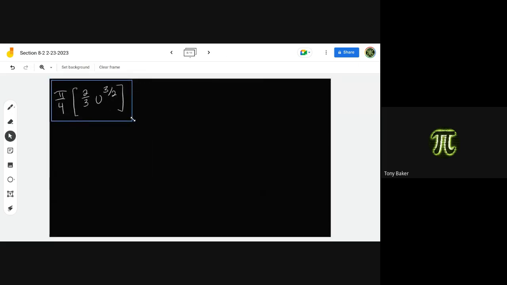All right, so this one is, pull out 3/2. So I've got pi over 6, and then it was 1 plus 4x squared to the 3/2, and we're evaluating that from 1 to 2.